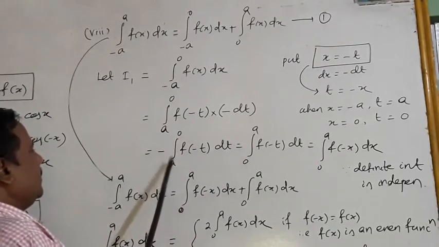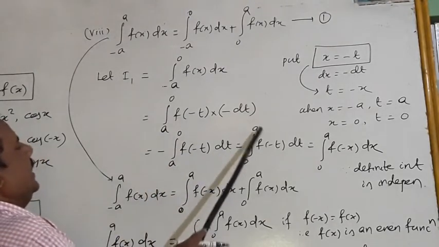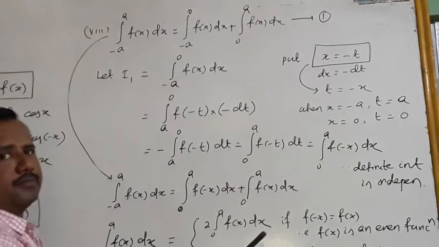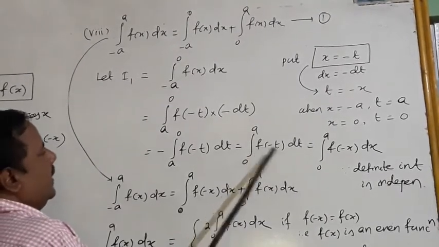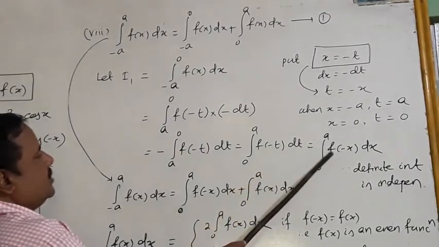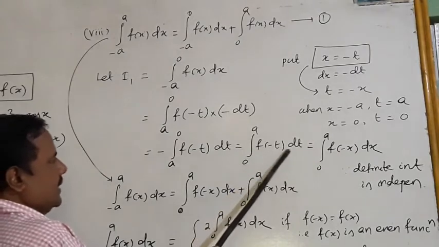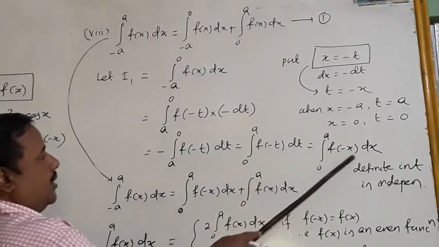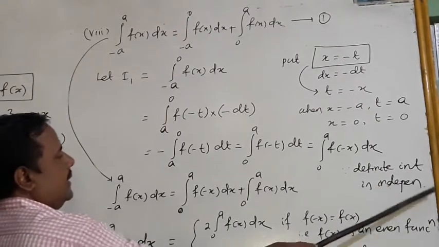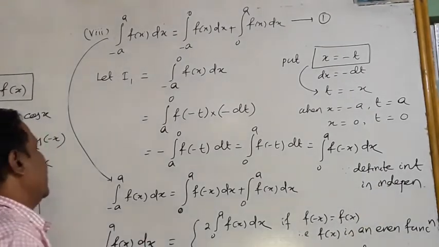A to 0 becomes 0 to a, f of minus t dt. And you know, in 0 to a, f of minus t, in place of t I can write x, because a definite integral is independent of variables.